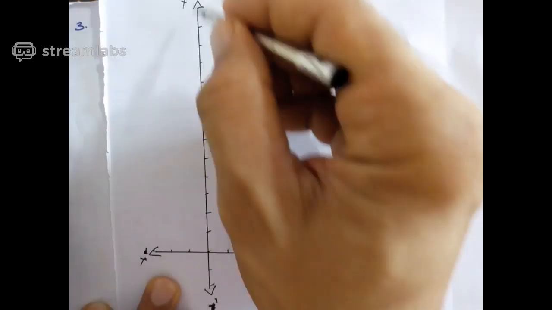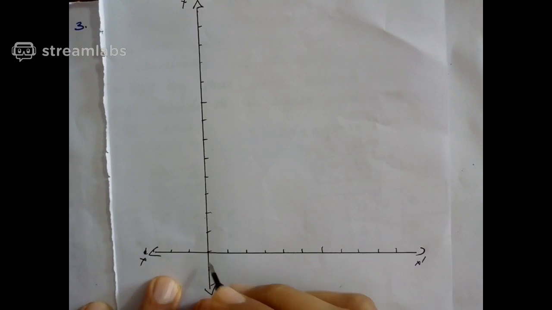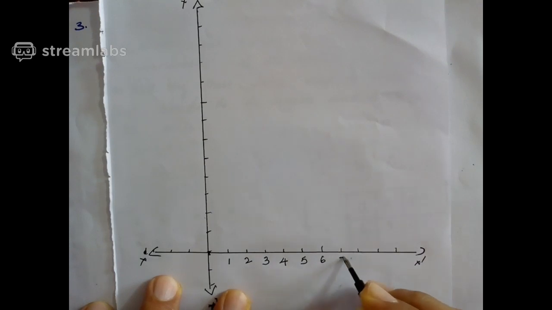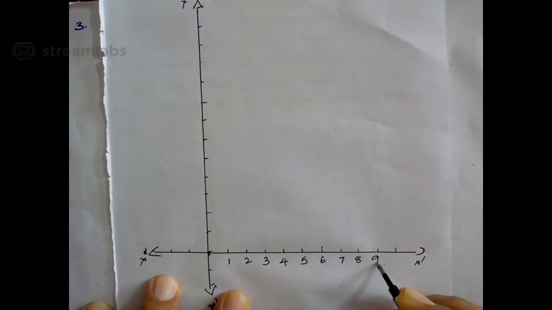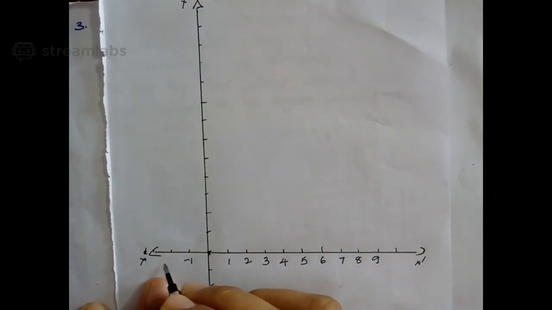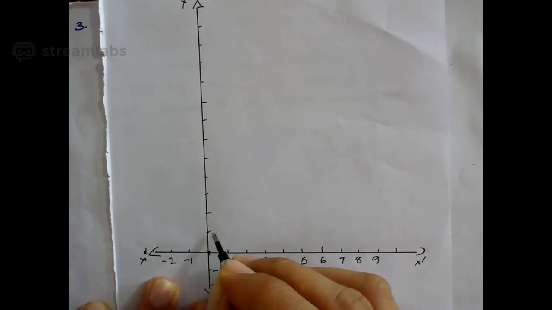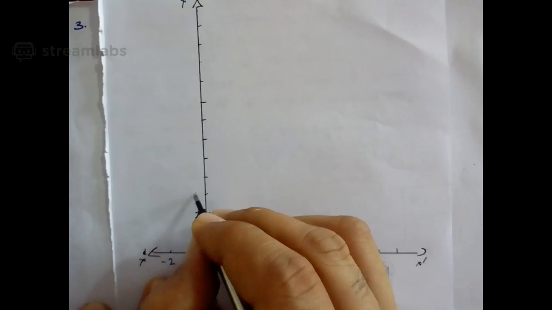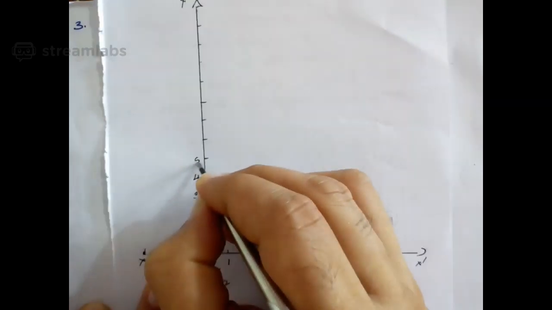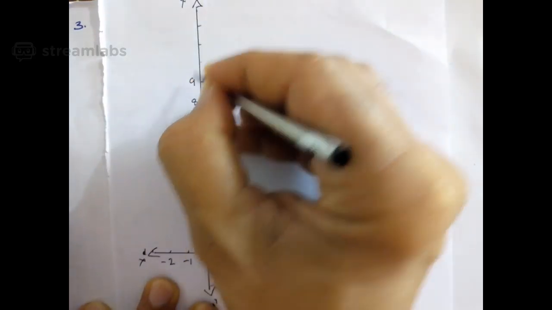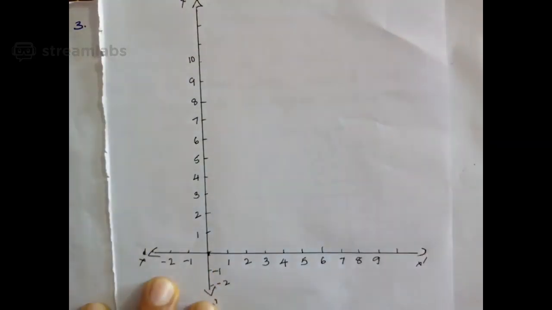So this is the y-axis, this is the x-axis, this is the origin. Write the coordinates 1, 2, 3, 4, 5, 6, 7, 8, 9. This side -1, -2, and on the other axis 1, 2, 3, 4, 5, 6, 7, 8, 9, 10.